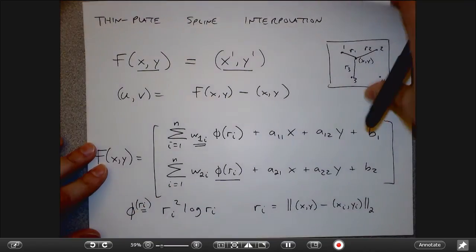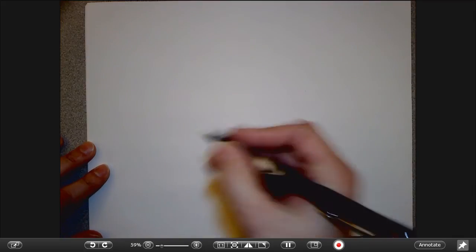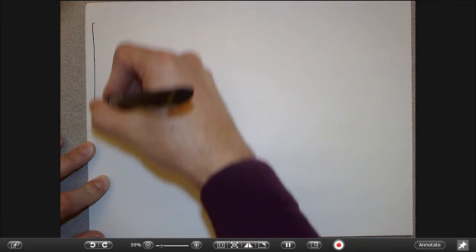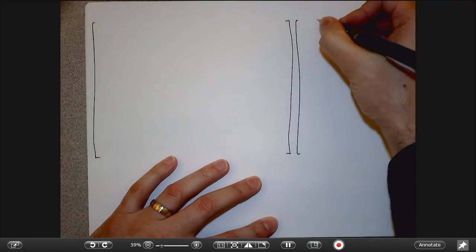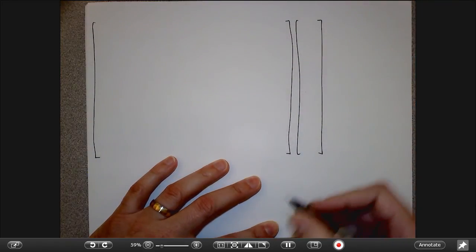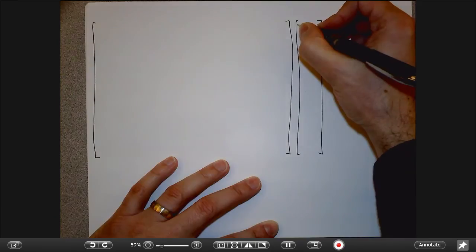Okay, so how would I take this parametric form and minimize it? Well, the same idea as before. What I want to do is build a big linear system. What are the things I don't know? Well, the things I don't know are the weights.